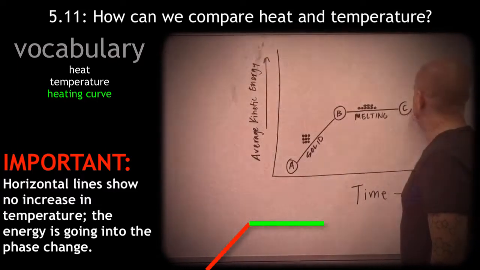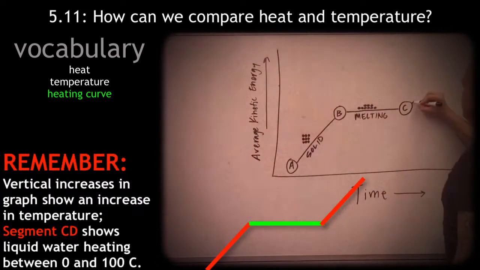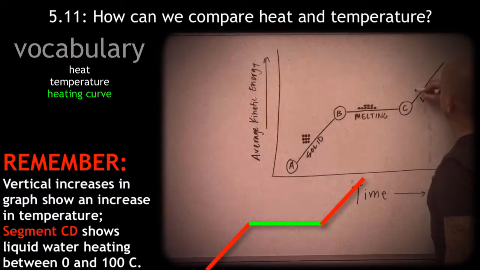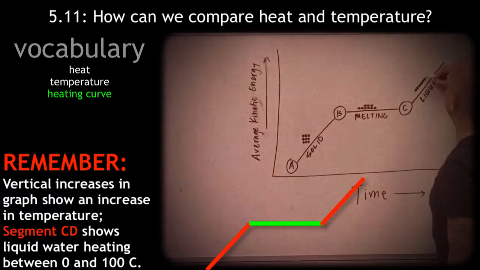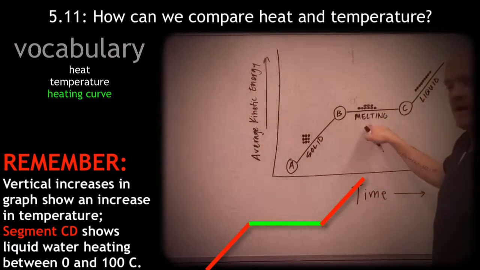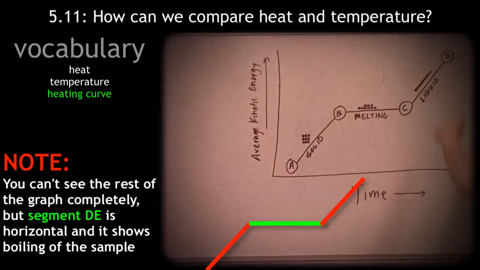Once we reach point C, the temperature starts increasing, and this is in the liquid phase. This is liquid only. Again, solid only. This is melting. This is liquid only until we get to point D, where we're increasing our temperature.